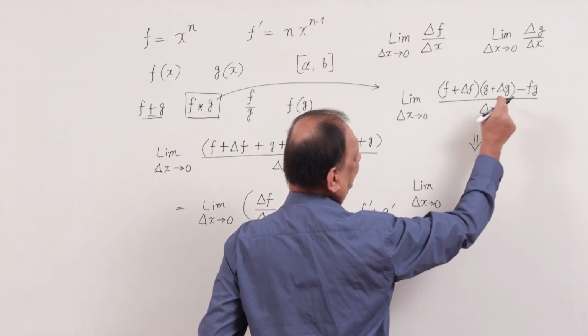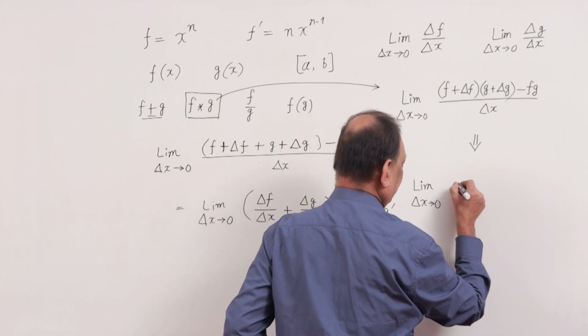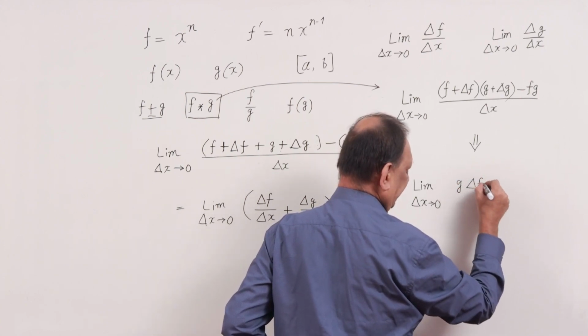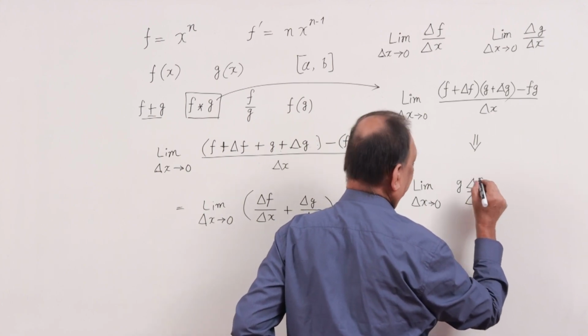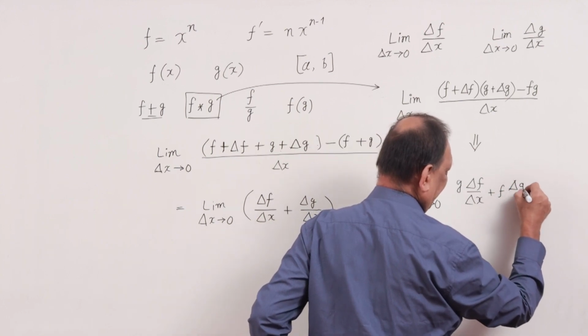So I got f delta g by delta x, g delta f by delta x. So I start with g delta f by delta x plus f delta g by delta x.